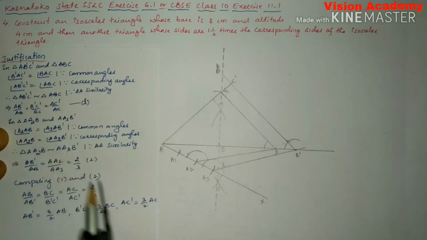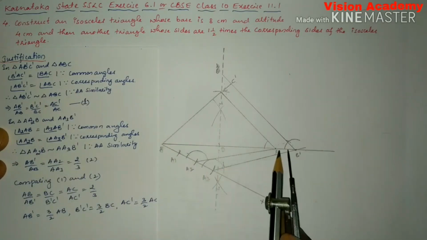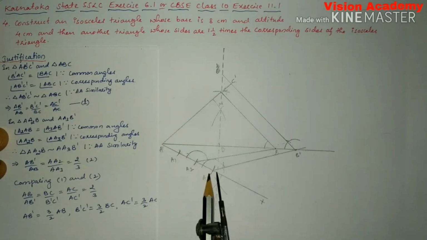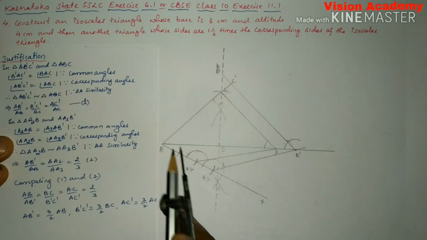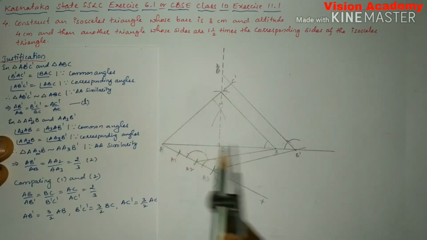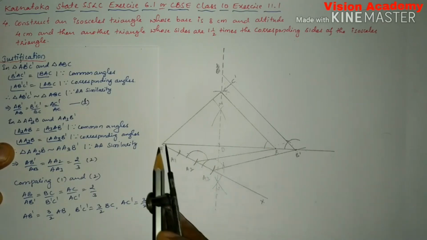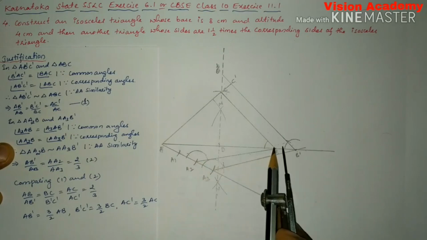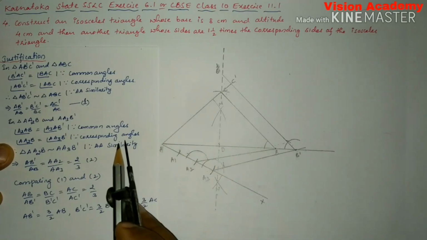Now in triangle A2 A B and A3 A B dash, here angle A2 AB is equal to angle A3 AB dash. So that is common angles. Now we'll write angle A2 B A is equal to angle A3 B dash A because they are corresponding angles.